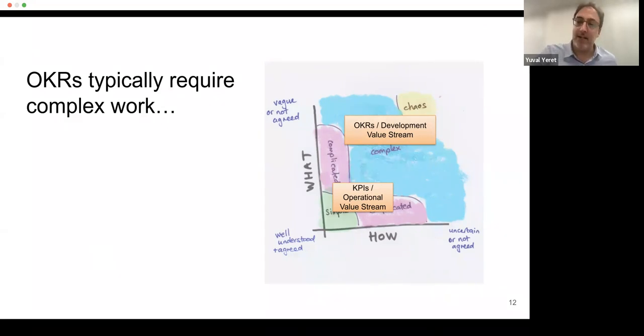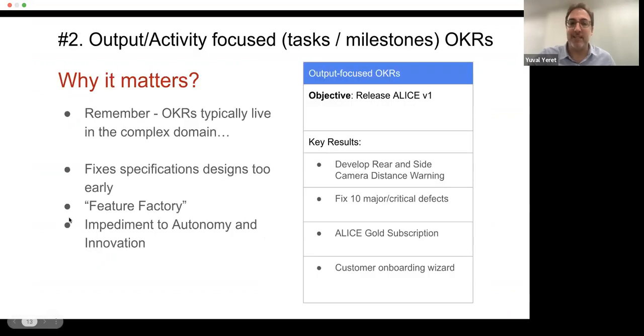So if we take the next step, we need to think about, okay, what does that mean for OKRs that we're doing in a complex environment? More complexity. One thing that is more important when you have a complex environment is that you don't know upfront what's the right solution for something.